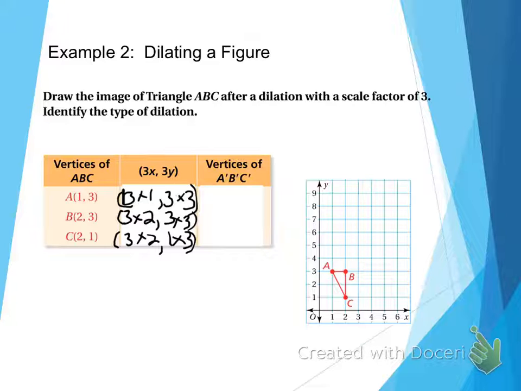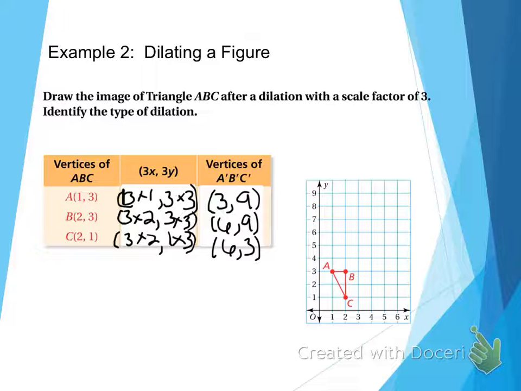I know it's hard to see in there. My pen doesn't write super small. So that means these new vertices are going to be 3 times 1 is 3, 9, 6, 9, and 6, 3.